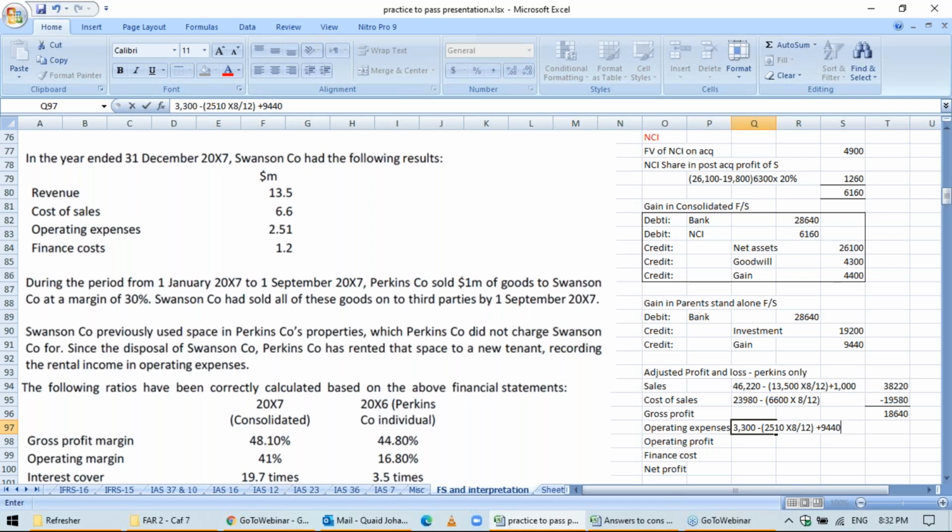So by removing the gain, how will I remove the gain? I will debit it. So I will increase the expenses by 9440. So I will add 9440 to that expenses amount.